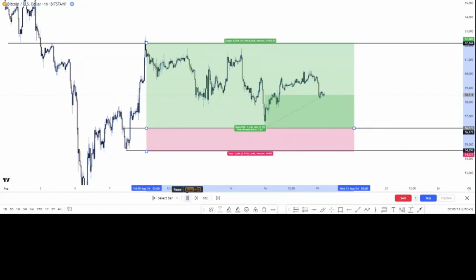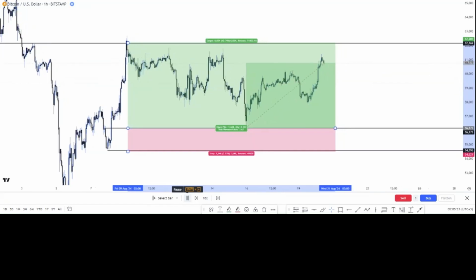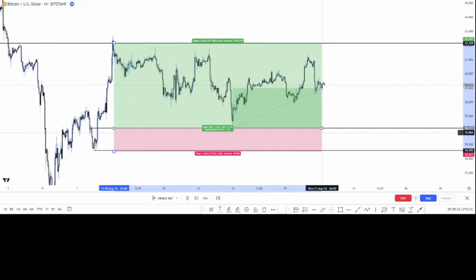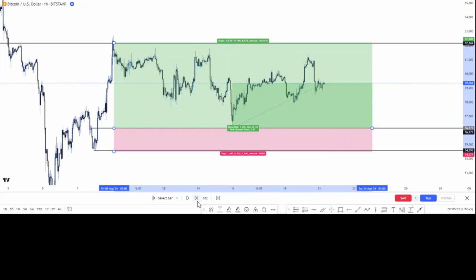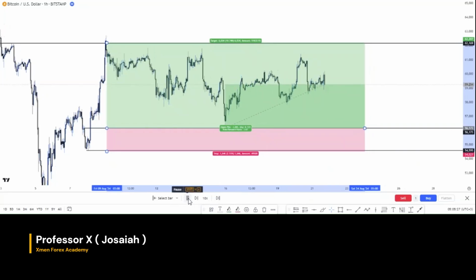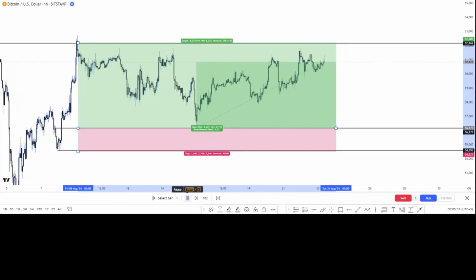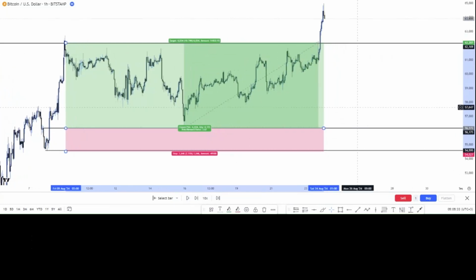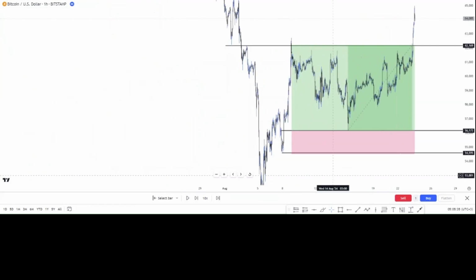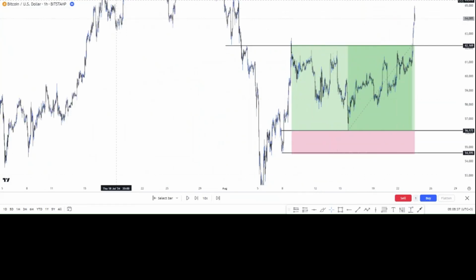So that's how that BTC trade was taken. Later, liquidation was done. Just like that, liquidation was done. You see that? So let's look at another example.